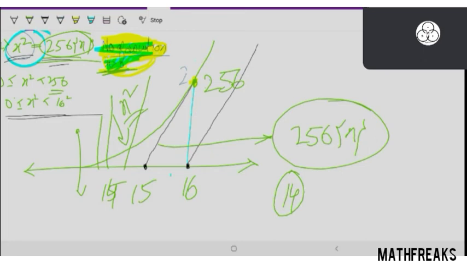The number of solutions are 14, because at 0 and 16, this is not happening.